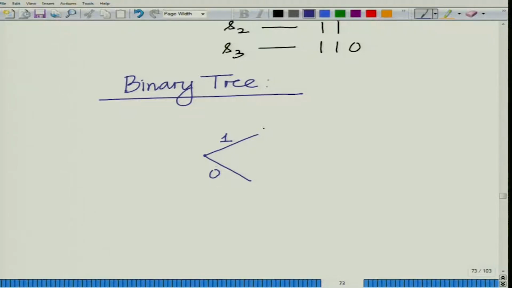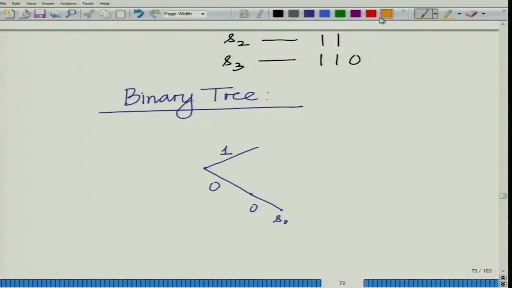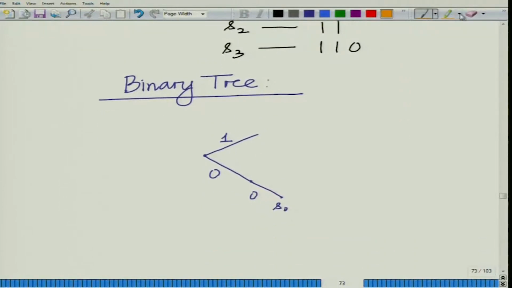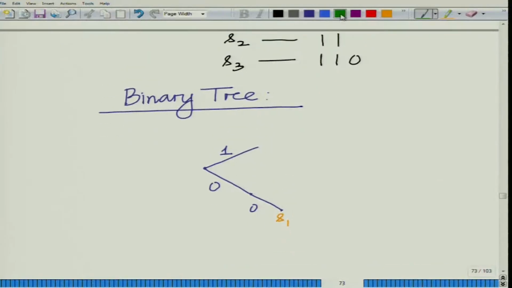S1 would be 0 followed by another 0. S0 would be 1 followed by 0. So for 1 you take the branch going above, followed by 0. So this is S0.